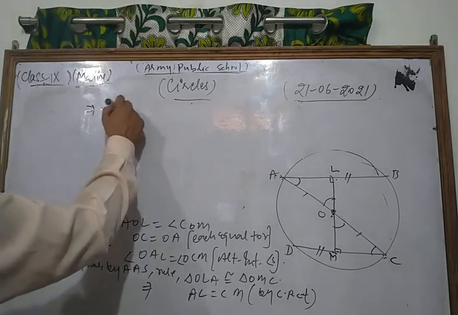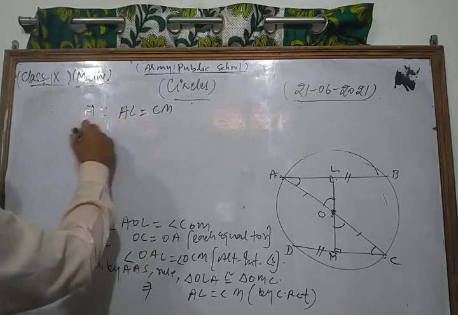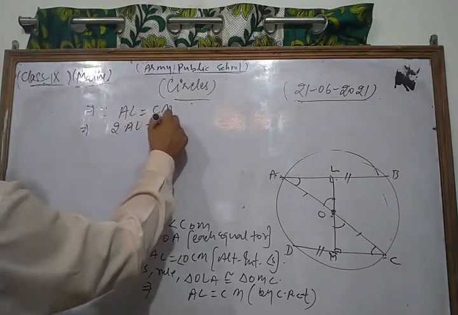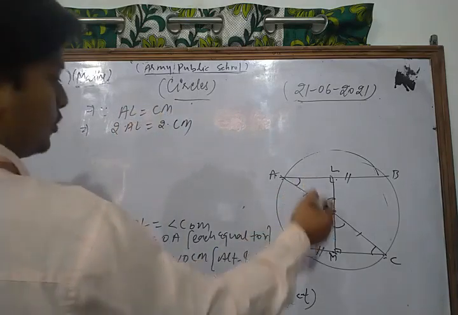Now since AL is equal to CM, we multiply by 2, so 2 times AL is equal to 2 times CM.